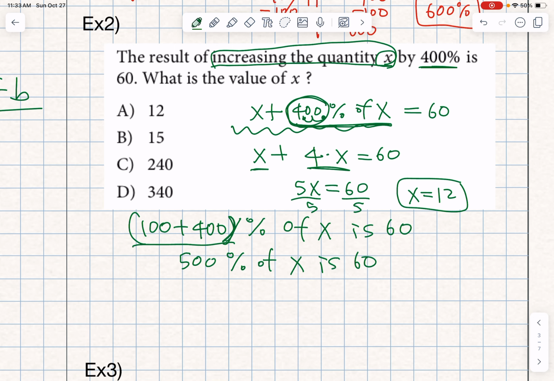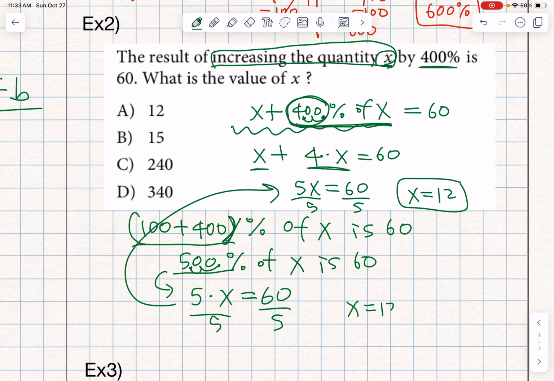Set up the equation, 500%, two places to the left as a decimal, 5 times x equal to 60. It becomes the same as that one, right? So divide by 5 on both sides, x equals 12. Both ways are fine. So mainly what I want to say is if it is p% more than or increasing by a certain percentage, then you can change it by adding 100 to the given percent. So you can change it to simple percent equations.